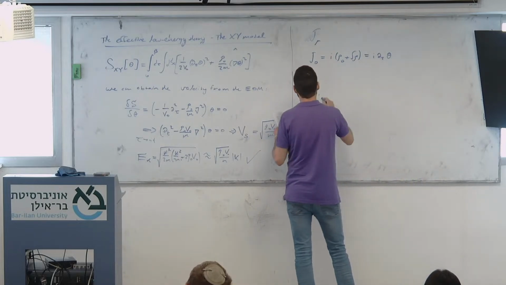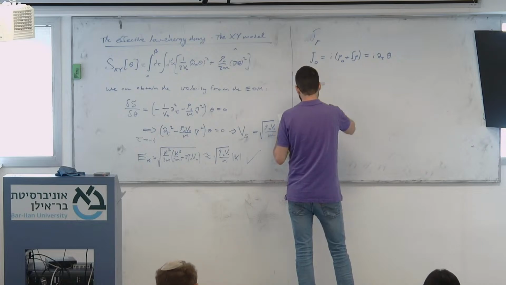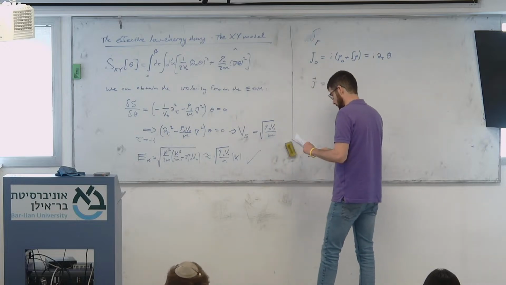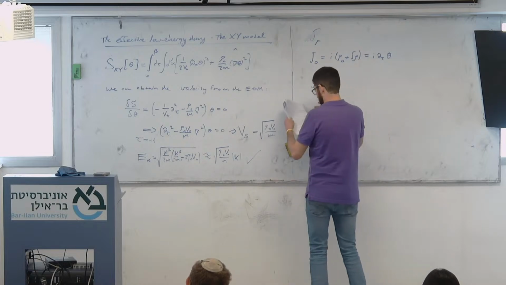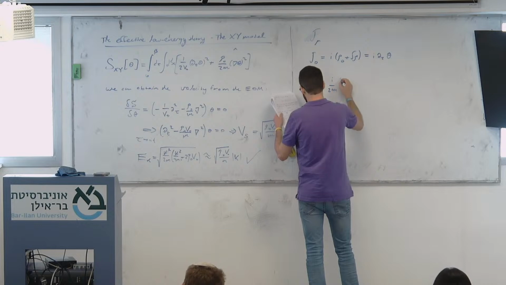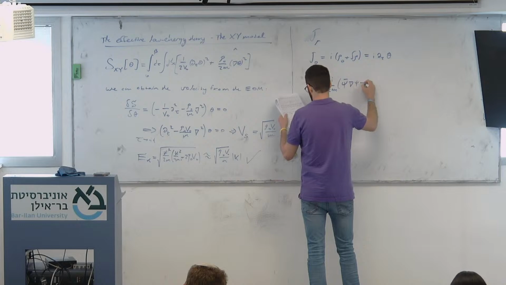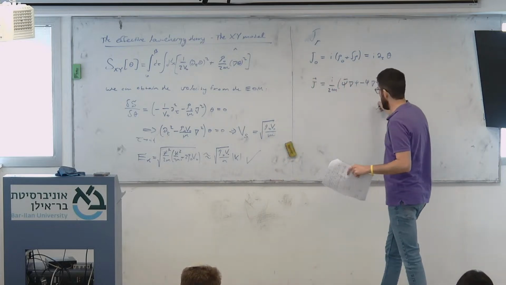And then the second thing is J, which we can write as i over 2m (psi star grad psi minus psi grad psi star).